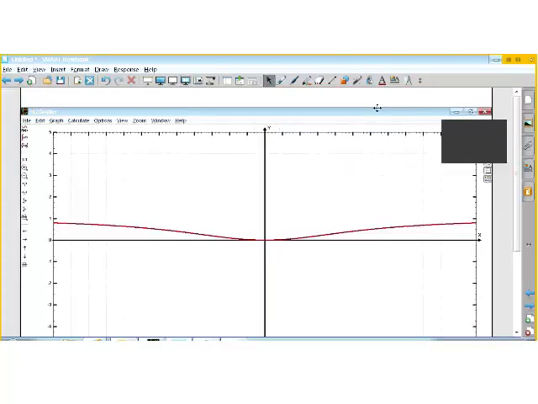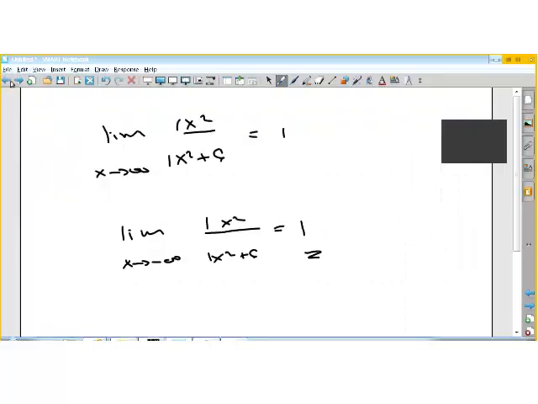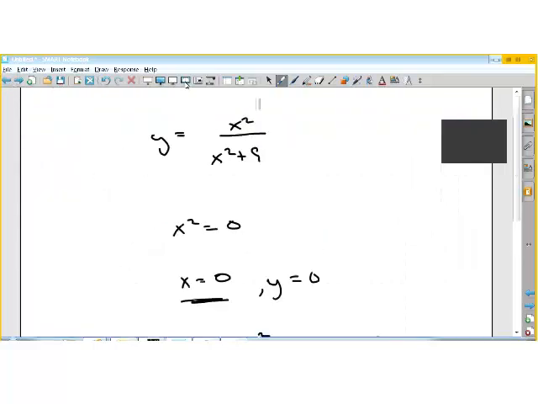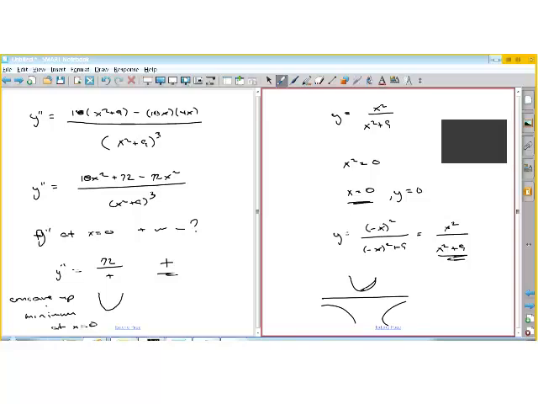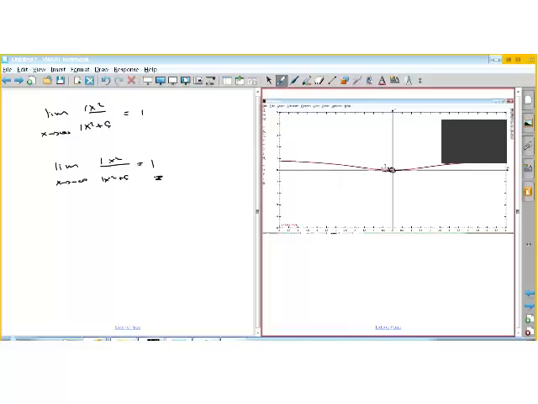So there you go. What did we find out? We have an x and y intercept there. We have a local minimum. Is that what we said? Let me zoom out a little bit here. So we said it was concave up, so we had a minimum. So you can see it's concave up at that point.